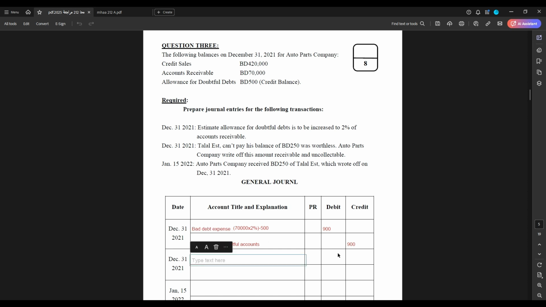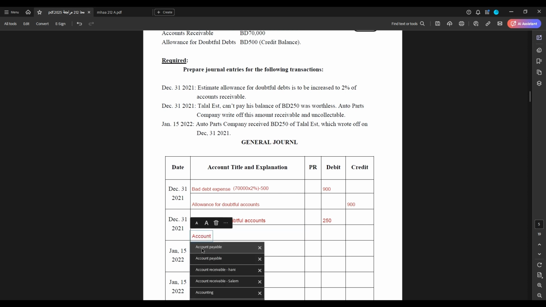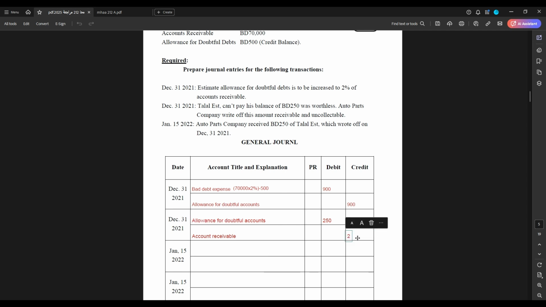So the entry will be debit allowance for doubtful accounts of 250, credit accounts receivable 250.